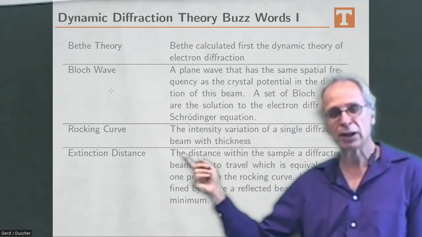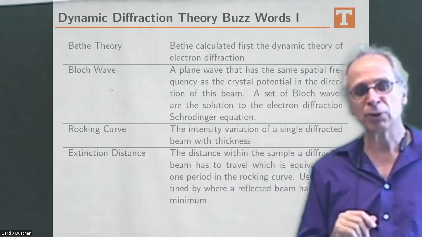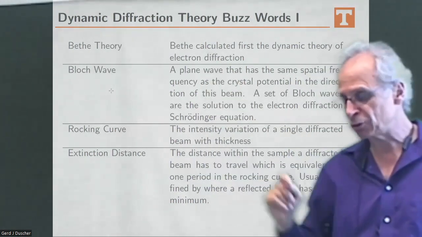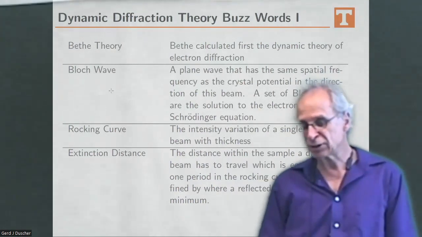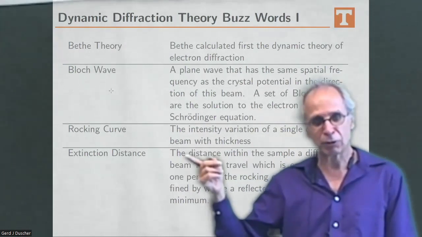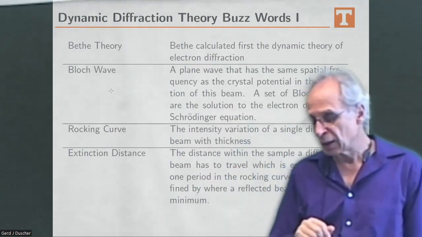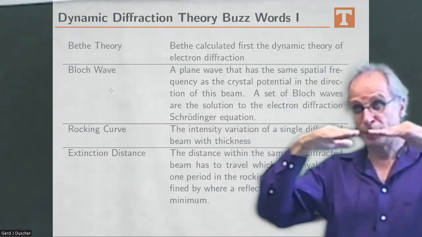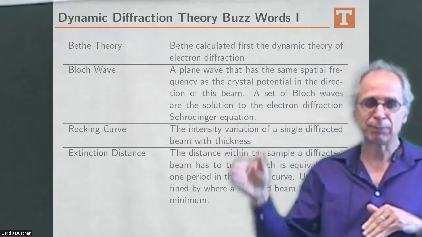So, okay. The rocking curve is the intensity variation with thickness in the Bragg peaks due to dynamic theory and Bethe theory. And the extinction distance is how long it takes for an electron beam to go from one Bragg peak to the other.